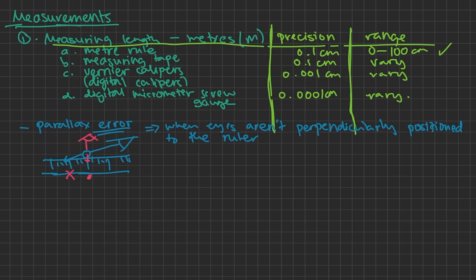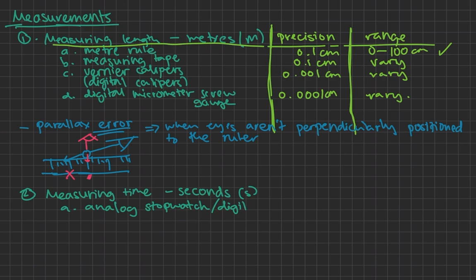The second fundamental about measuring would be measuring time. As we also learned not very long ago, the base SI unit for time would be seconds. There are two ways you can measure time. One, you can use an analog stopwatch or digital stopwatch.